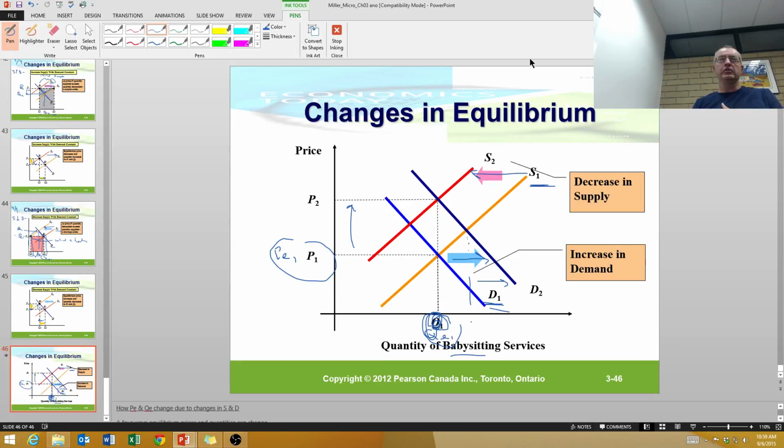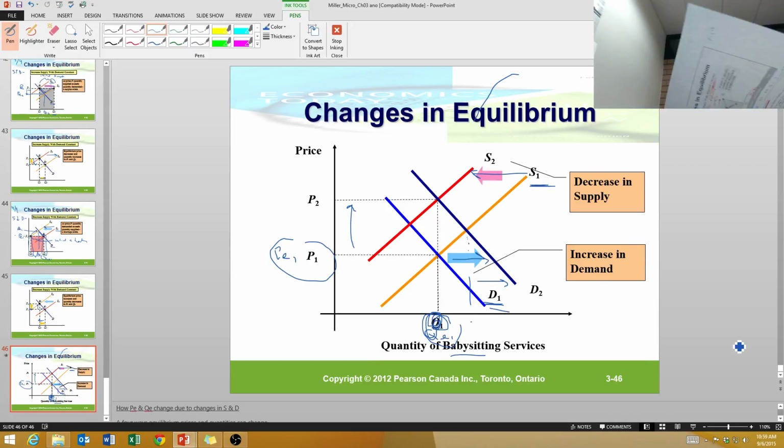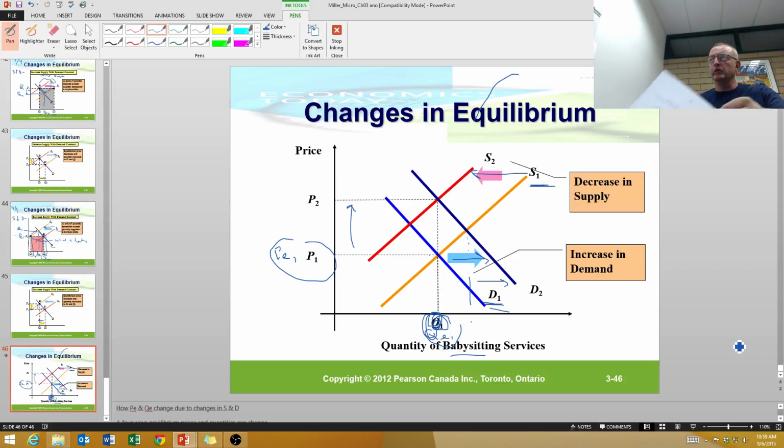Maybe other babysitters from other neighborhoods have to move into the area. But we can see that if both the demand curve and the supply curve are shifting around at the same time, then it's difficult to predict what the final equilibrium price and quantity are going to be. So some of the final impact is going to be unknown.